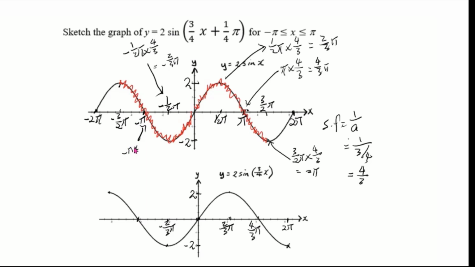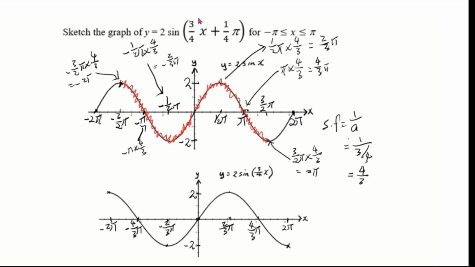After enlargement, multiply with the scale factor, it is negative 4 over 3 pi. And the last point, before enlargement, it is negative 3 over 2 pi. After enlargement, we multiply with 4 over 3. We found that that is negative 2 pi. Now up to here we have already finished the graph for y equals 2 sine 3 over 4x.